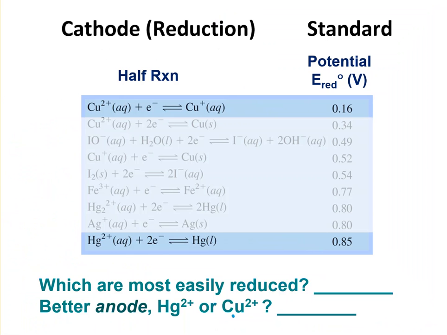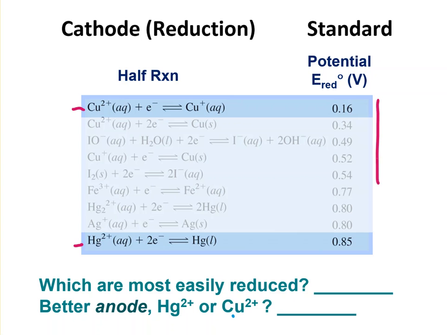Okay, let's practice using the table. So again, I should be able to look at this and see that these are reduction reactions, and so these potentials are reduction potentials. And I'm comparing these two. I have highlighted which are most easily reduced. Well, remember that favorable is positive, and the bigger, the more favorable.